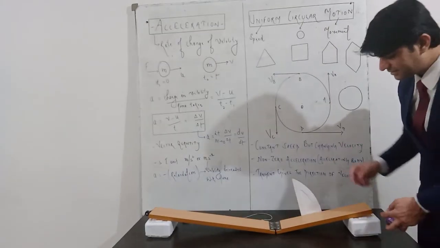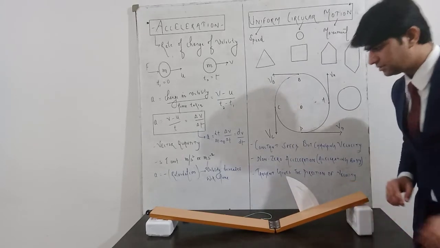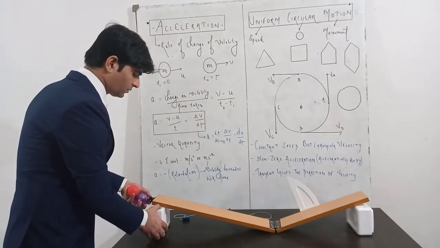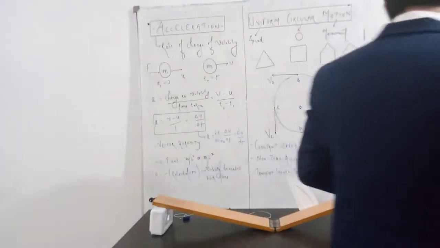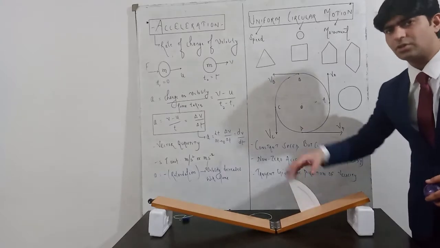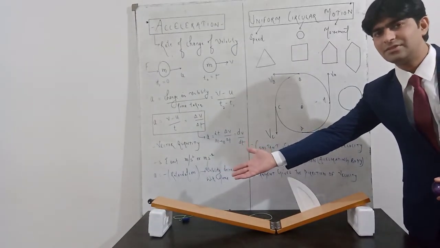Okay, if I increase the angle of inclination, suppose I have increased the angle at both the sides. Okay, so if the angle is increased, obviously the change in velocity, the increase in velocity or the decrease in velocity in that slope will definitely change.